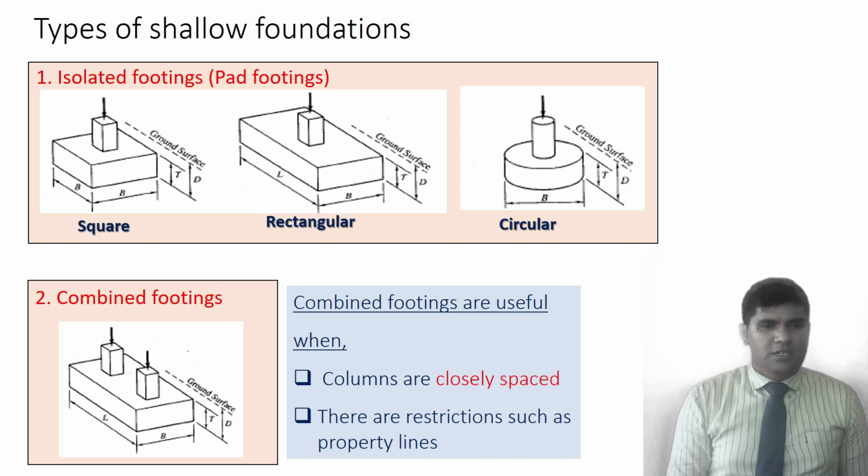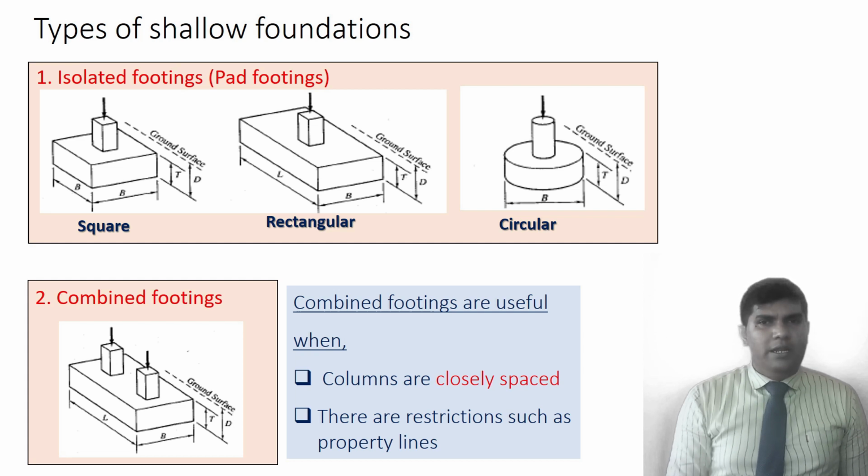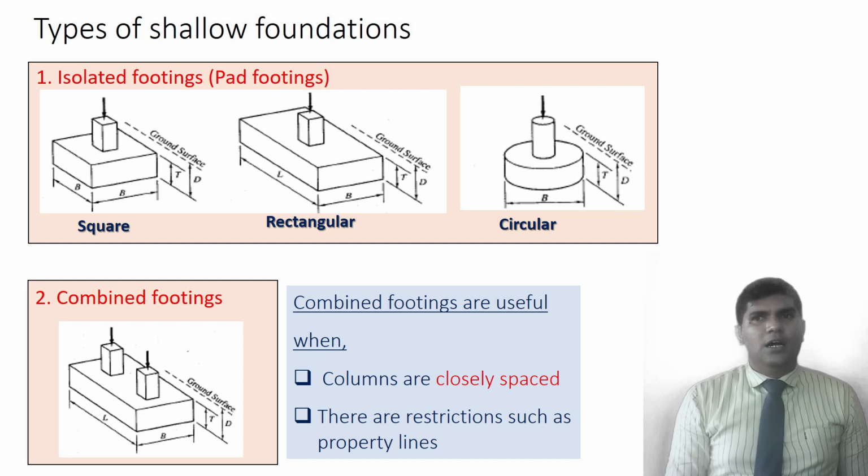Especially in the pad foundation, square, rectangular and circular shapes of pad foundations are used in common practice. And in the pad foundation, commonly there's only one column with a single footing, so that is identified as a pad or isolated footing. In the combined foundation, a minimum of 2 columns start from a single base or single footing.